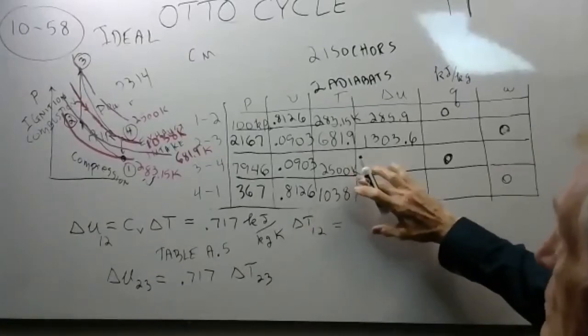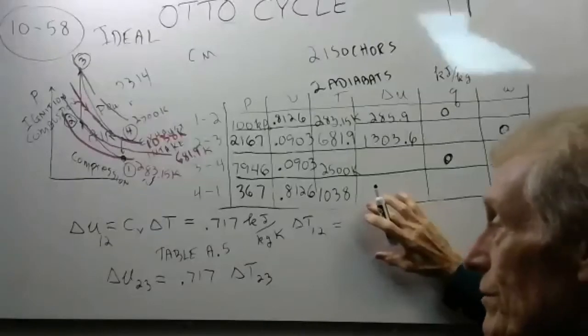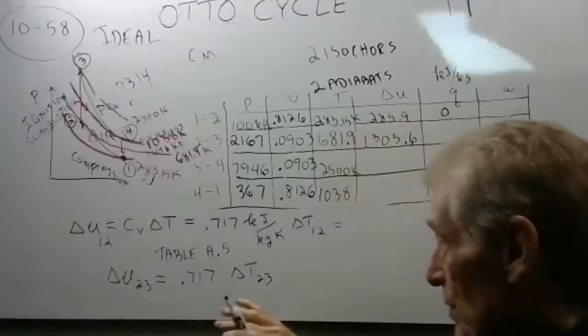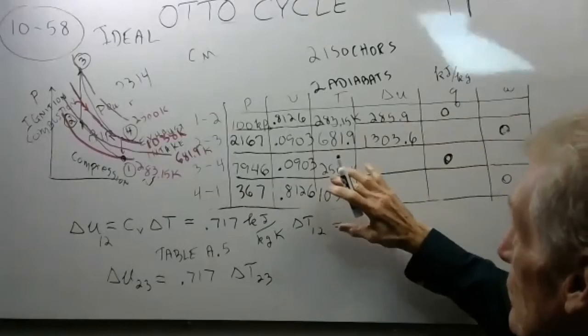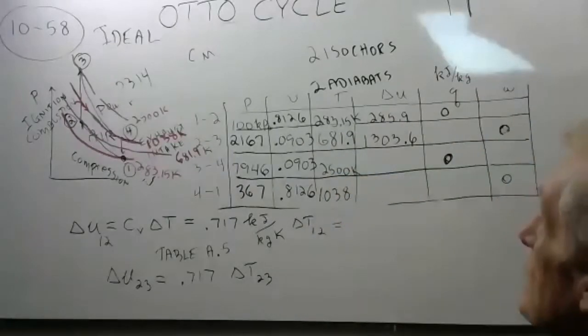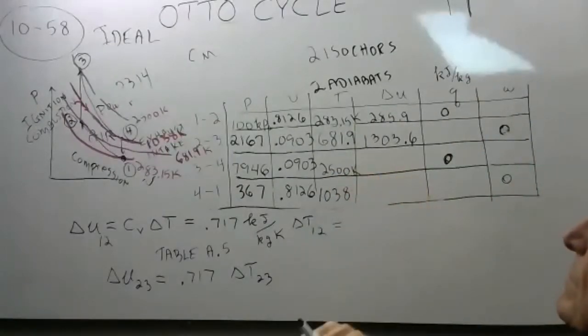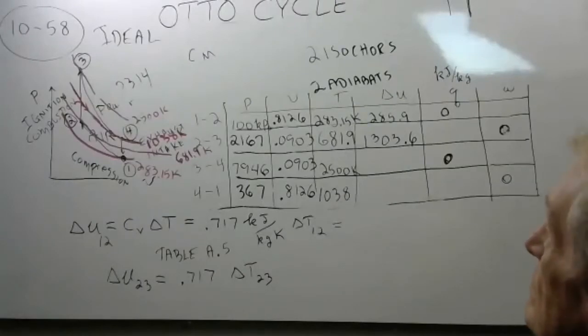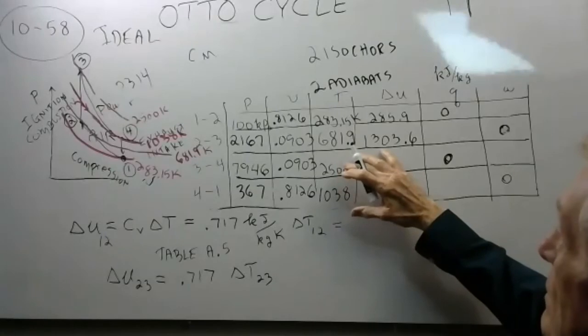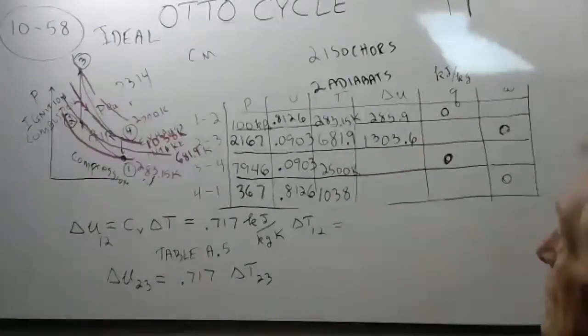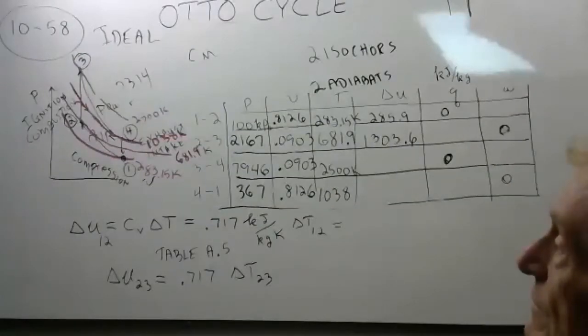Let's go ahead and get these. It's the same old boring thing, guys. It's just that we're going from 3 to 4 now. But I still would like to hear somebody say that they got that. Anybody get 1303.6? That's what I got. Uh-huh.